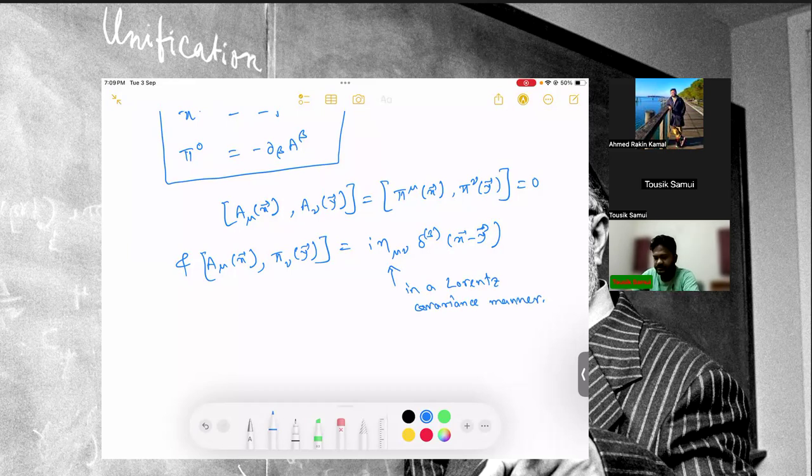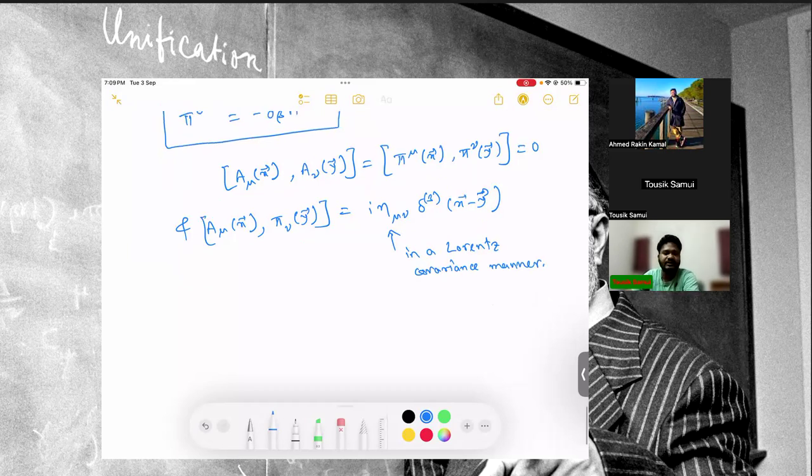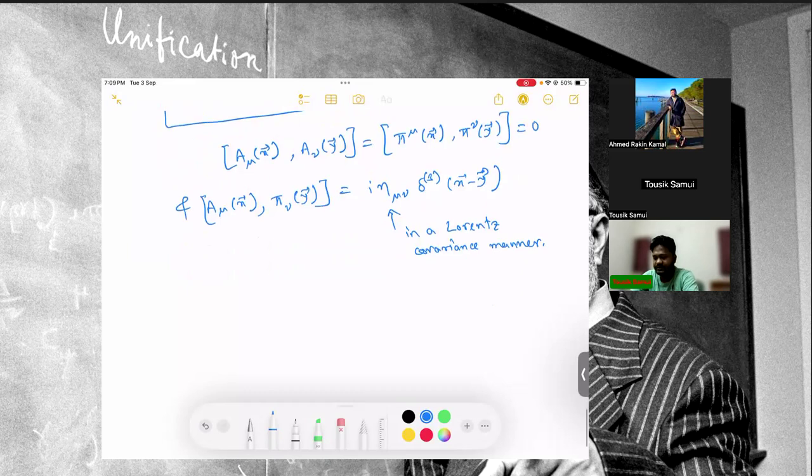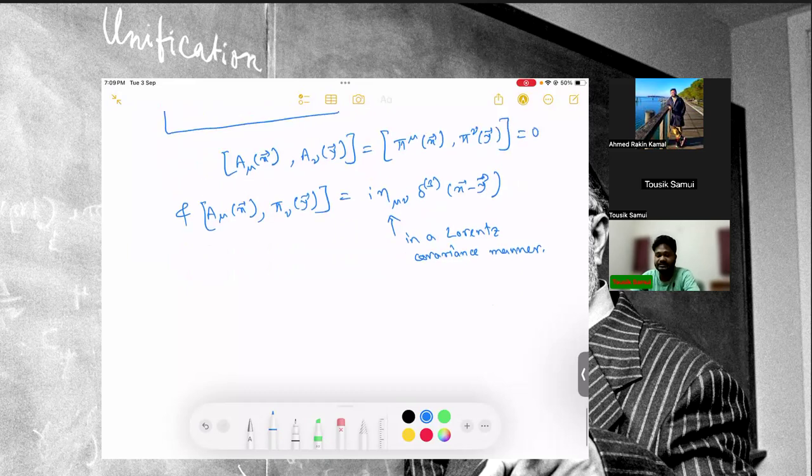And now the next step would be we have to, let's say, mode expand this A mu into the creation and annihilation operators. So now let us expand as usual. So these are the steps. I'm fast forwarding it, but these are the steps that Ratul already discussed in great detail.